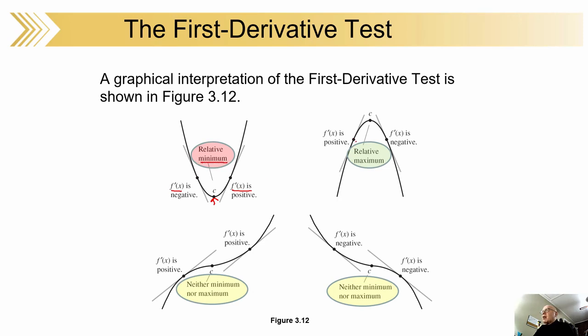If it changes signs in the other direction from positive to negative, then you've got a relative maximum on your hands. And you've got two examples down here where the slope is positive on one side, positive on the other side. You don't have either a maximum or a minimum on that interval. Or it could be negative on both sides. You don't have a maximum or a minimum.